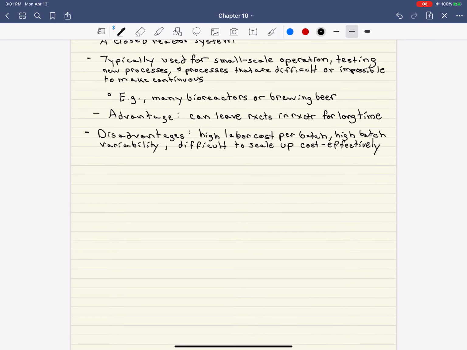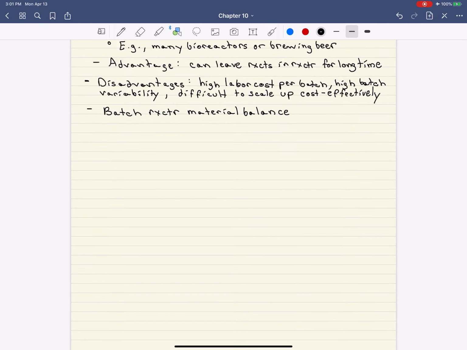Okay? Alright, but on that topic, the reason I bring up batch reactors now is because working with their material balances is relatively simple. And so that's what we're going to focus on now. Let's go into the batch reactor material balance. To derive this material balance, I'm first just going to draw a simplified diagram of what a batch reactor looks like. So we have our reactor, and we also have a stirrer in there.